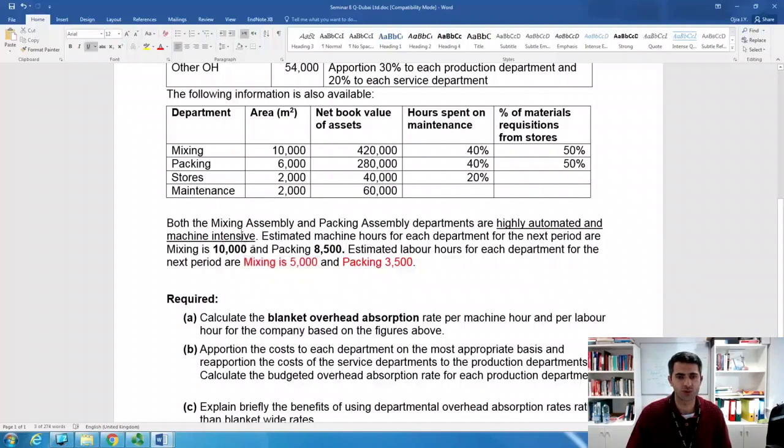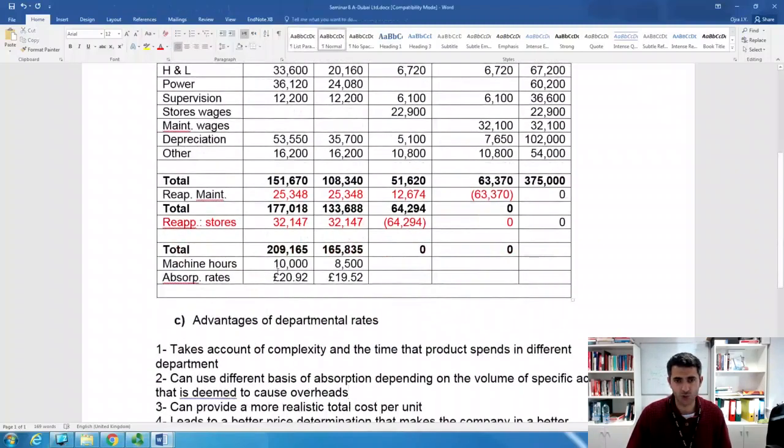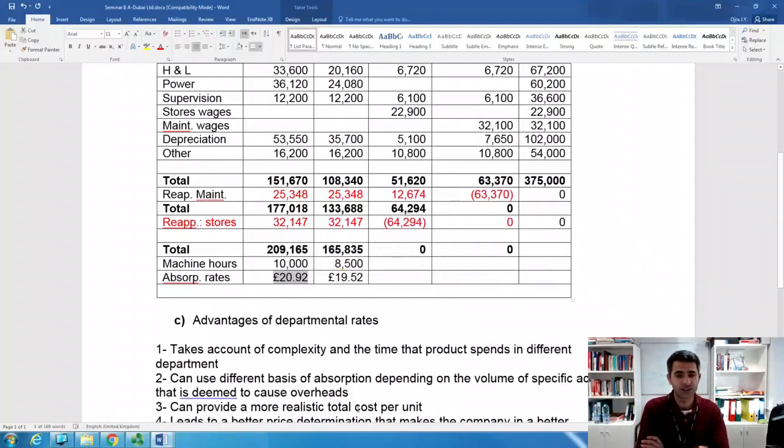So of course, in this case we are going to use 10,000 machine hours. This is why we divide by the number of machine hours, 10,000, because we use more machine hours. So 209,165 divided by 10,000 equals 20.92 pounds per machine hour.